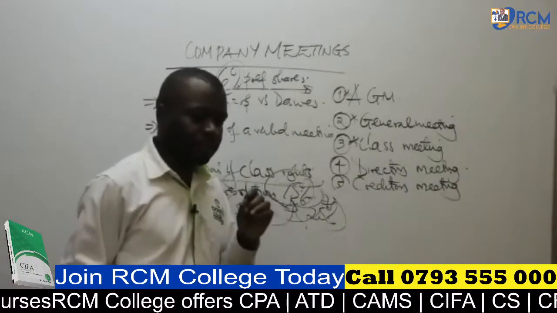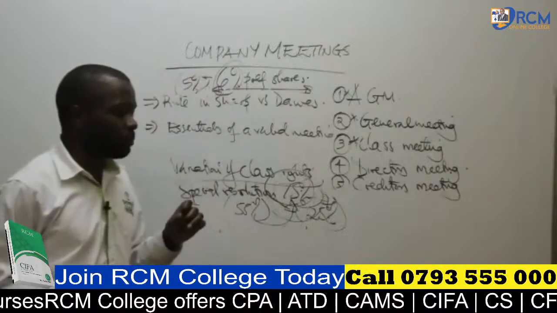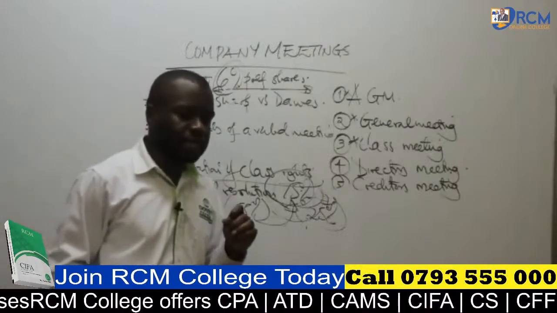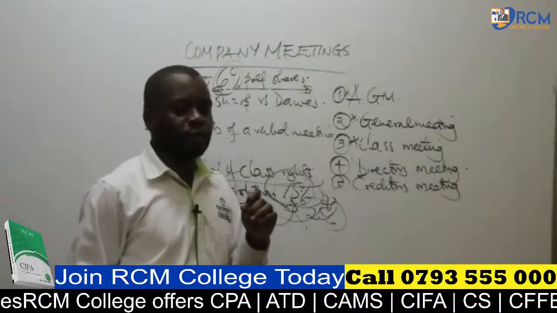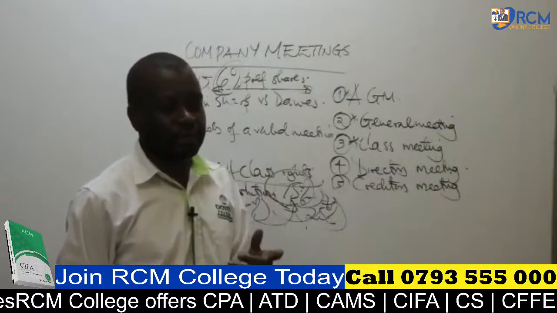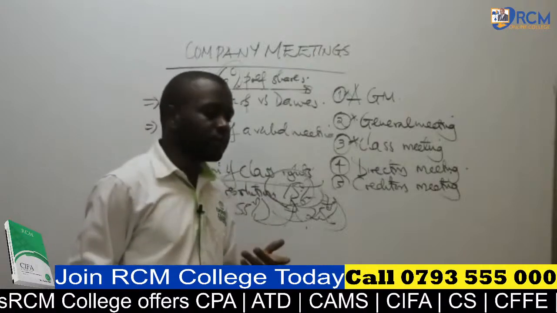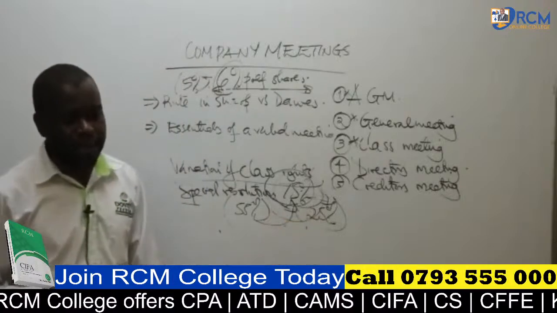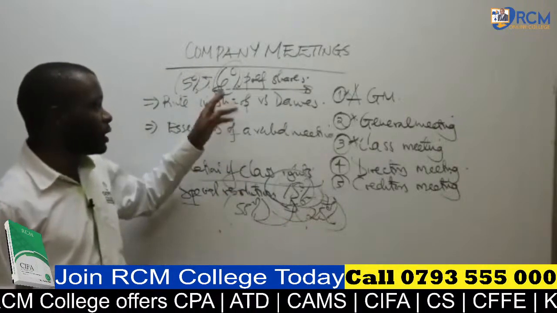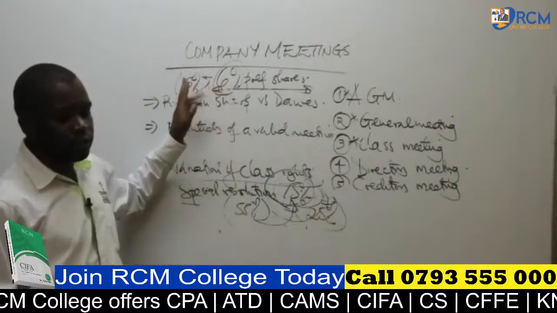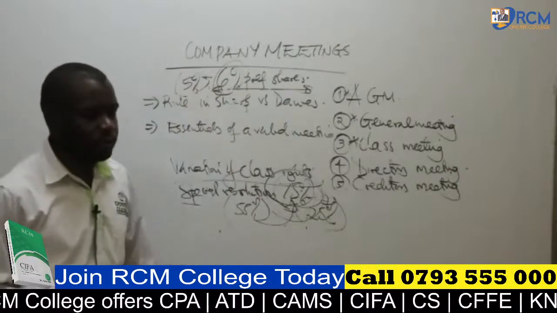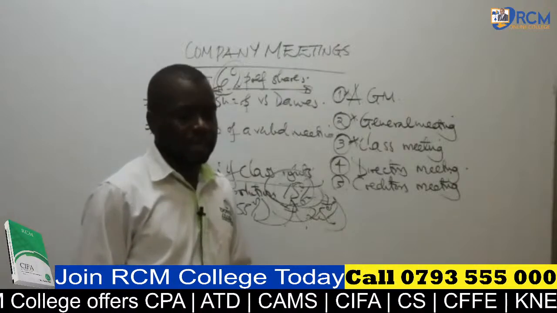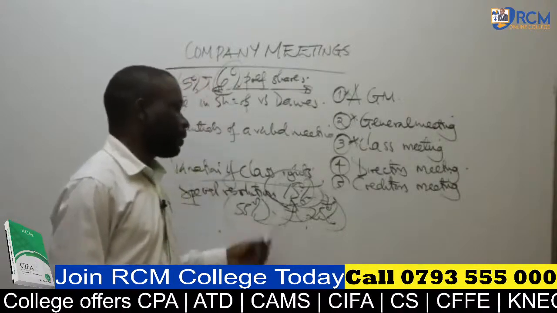If these reasons they give the court are valid, the court will give out an order for the company not to proceed with the variation of class rights. If that happens, it simply means that the minority in that class of shares have won, and therefore the company won't reduce the dividends from 6% to 5%. So that's what we mean by a variation of class rights. You need to get it very clearly, so it might actually be tested.